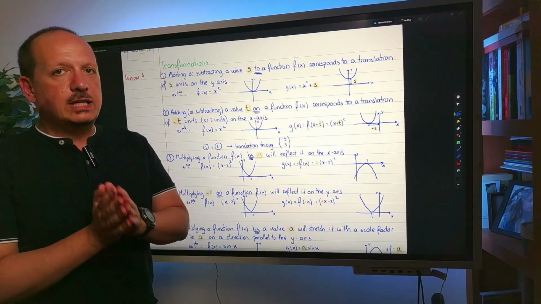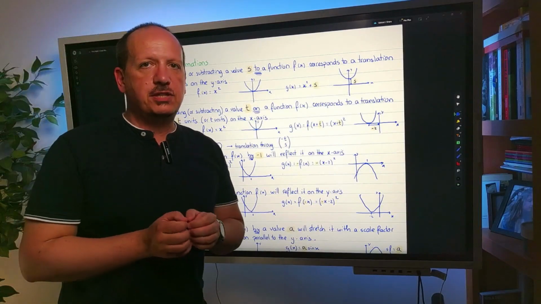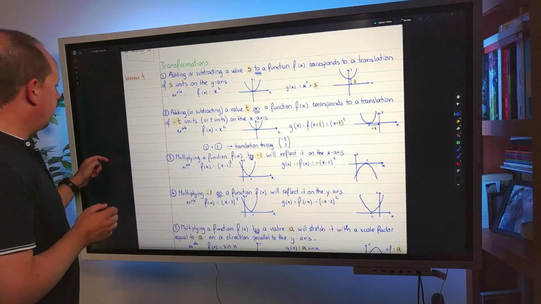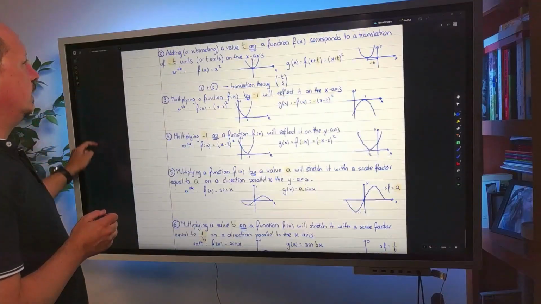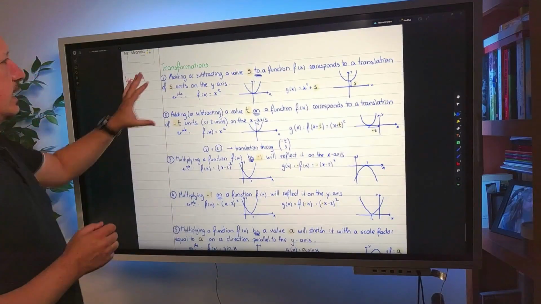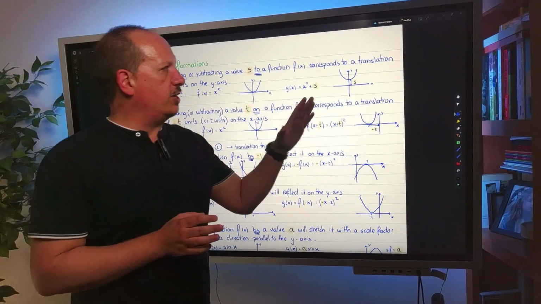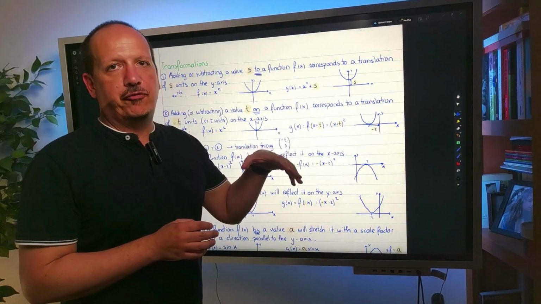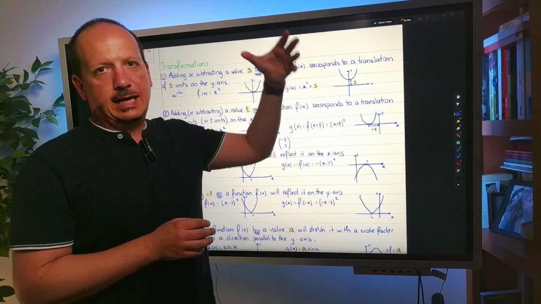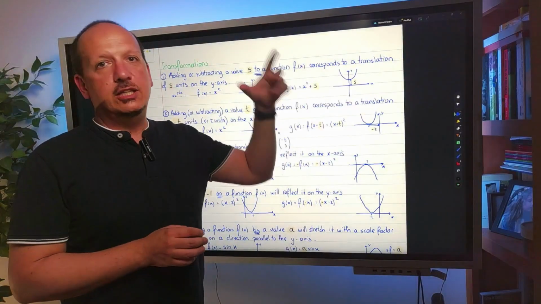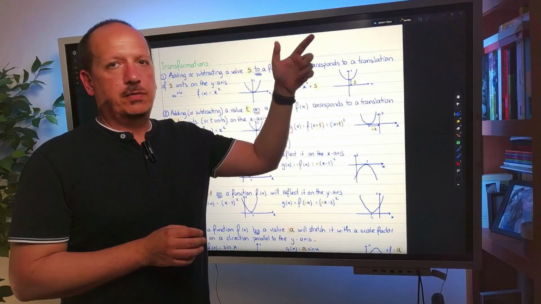All right, so let's see all the variations that you are going to have, and you have a total of 6. Okay, let's start with the first 2, and these 2 are going to change the position of the function, up and down and left and right, not changing the shape itself.